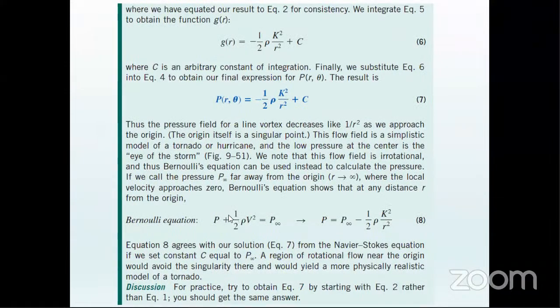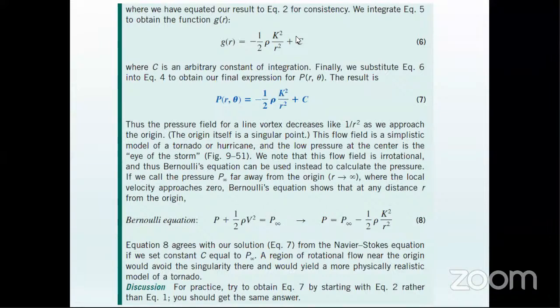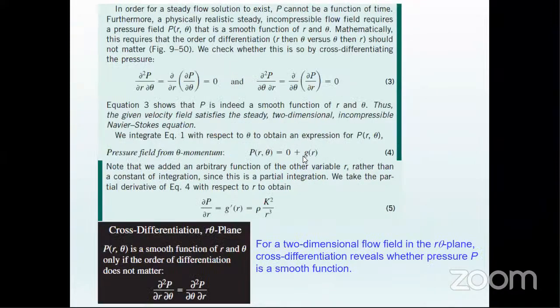Being this, g of r you estimate after integration: g of r is equal to minus 1 over 2 times rho times k square by r square plus a constant of integration, where C is the arbitrary constant of integration. Finally, we substitute this equation into equation 4, where g of r is required.